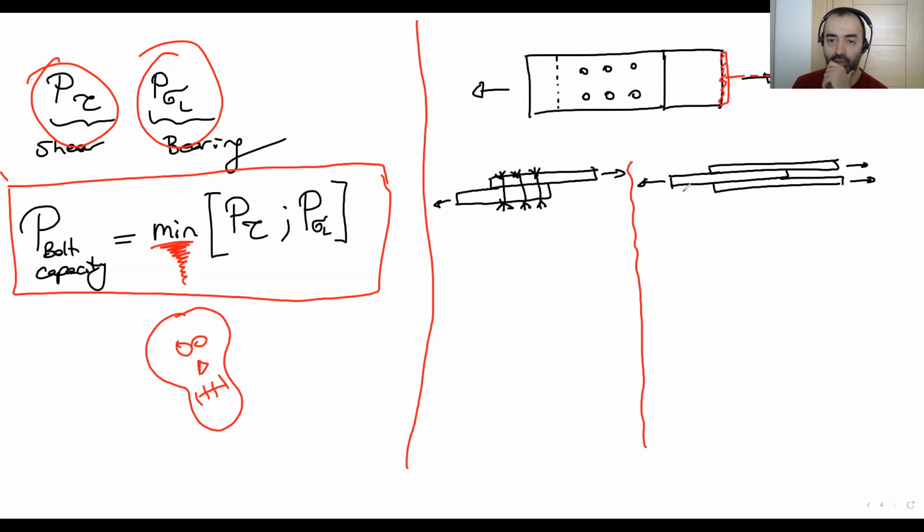For this, we find the most critical location to check the steel. For example, you can check the steel on this section, or you can check it on the section where you have two bolt areas.